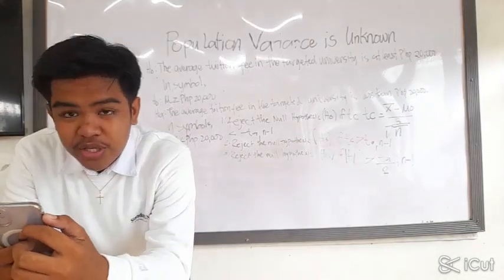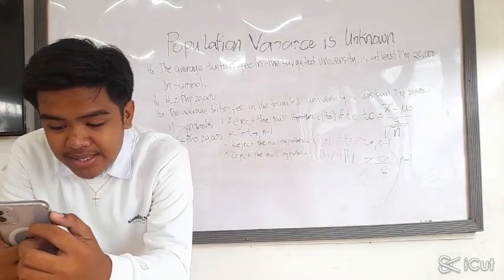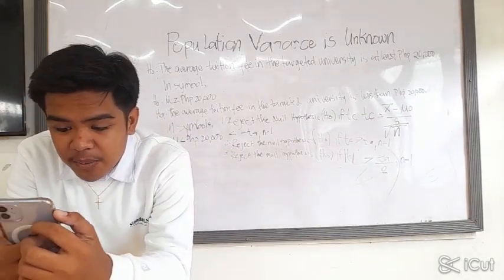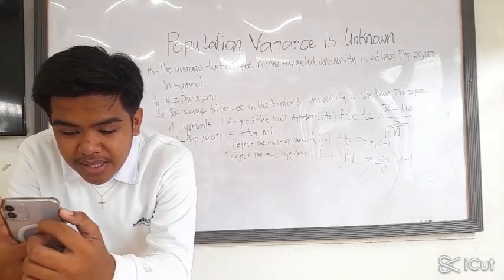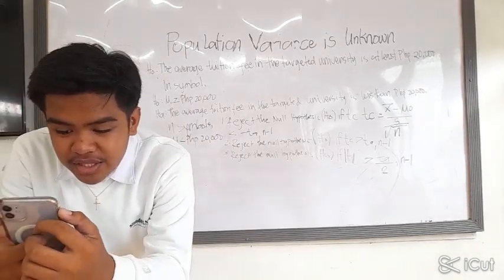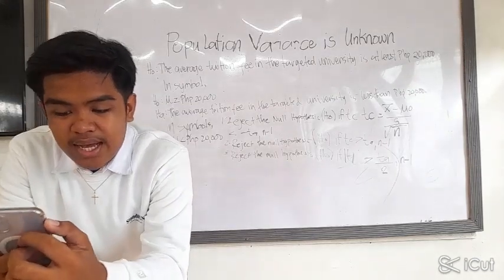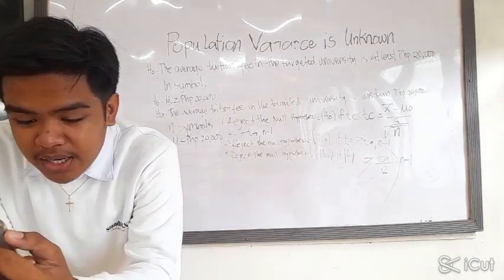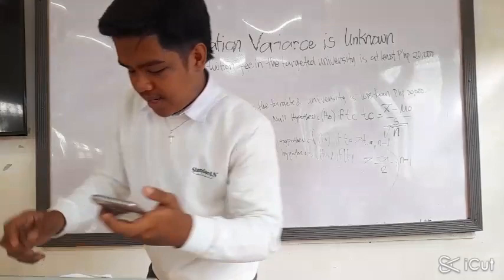This test procedure is referred to as a one-tailed test for the population mean when the population variance is unknown, and the rejection region is isolated as follows. Example of a rejection region.